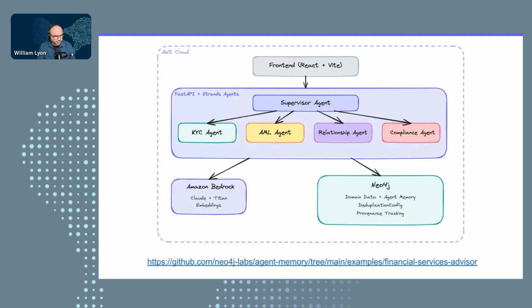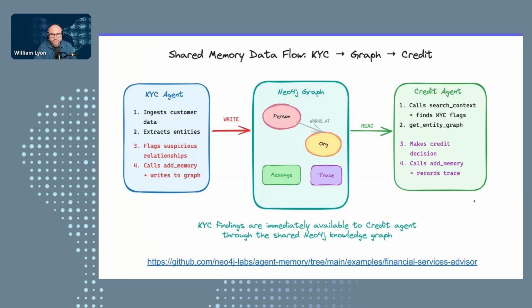So we have a know your customer agent, an anti-money laundering agent, a compliance agent. They all have somewhat different personas, outcomes, and goals, but they have that shared memory layer still. Because they're all using Neo4j agent memory, they all have the same conventions, the same data models, the same contract essentially with the database for the shape of their memory.